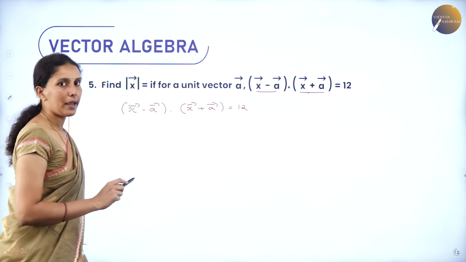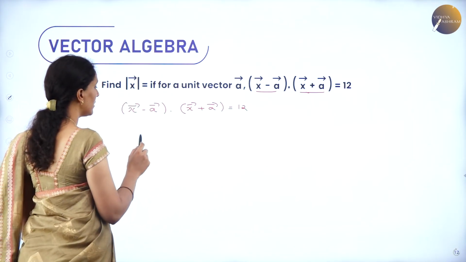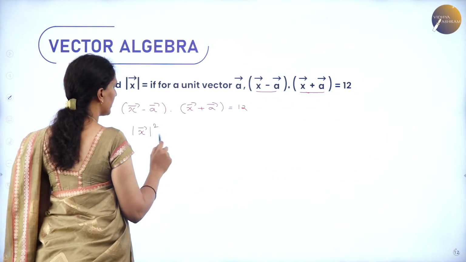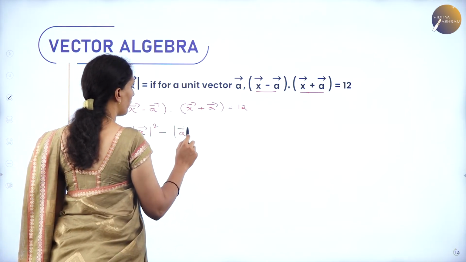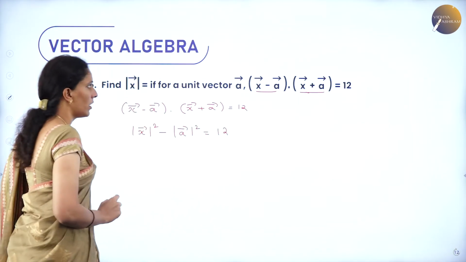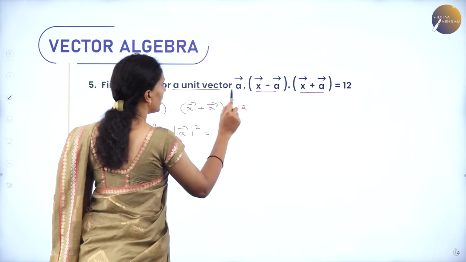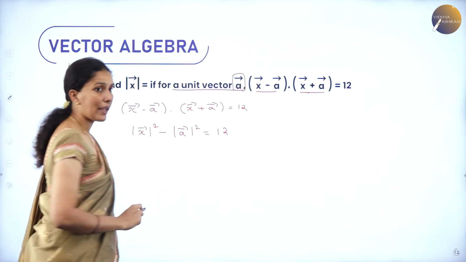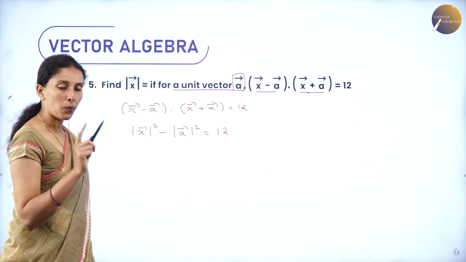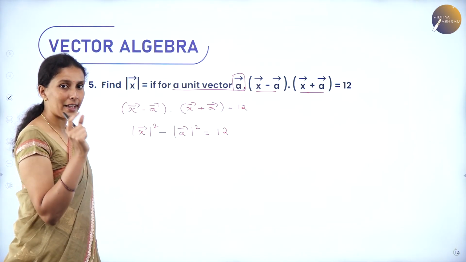Use the formula A minus B dot A plus B. Then this becomes modulus of vector x square minus modulus of vector A square is equal to 12. Now they have given a unit vector A. So vector A is a unit vector. Then modulus of vector A is 1, or the magnitude of vector A is 1.